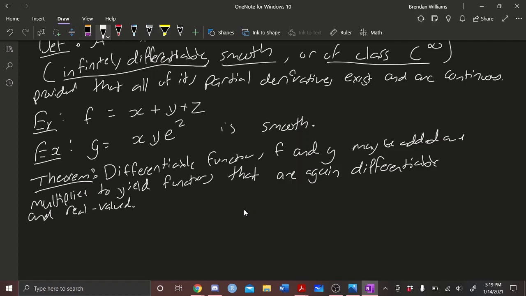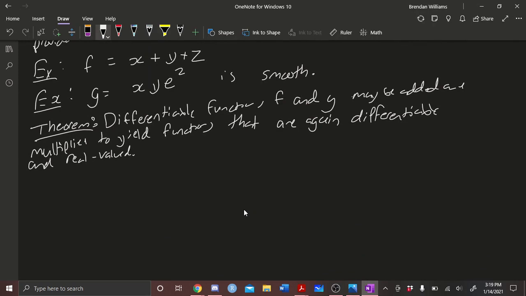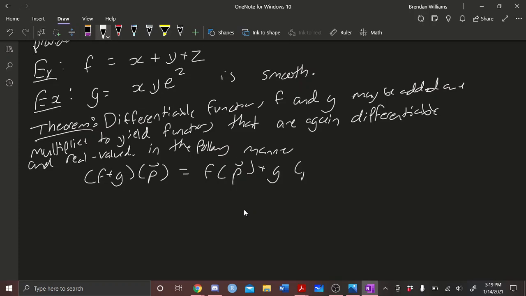Okay, and this is done in the following manner. So f plus g of p, where p is just some point, is equal to f of p plus g of p. And of course, we're making the assumption that f and g are differentiable functions.